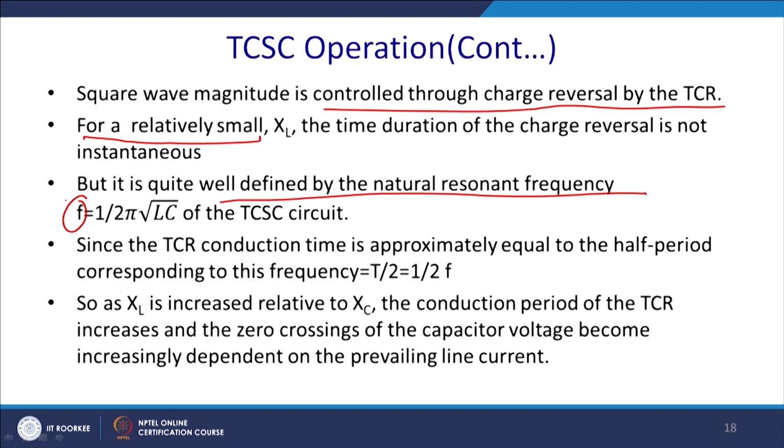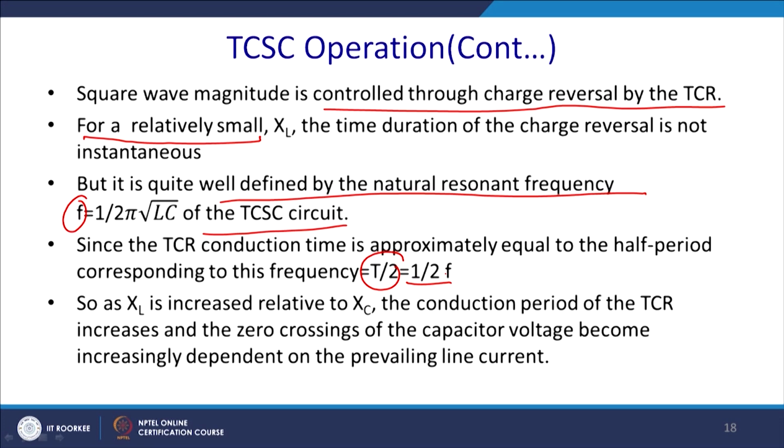But it is quite well defined by the natural frequency of oscillation, where f is basically 1 by the square root of LC for the TCSC circuit. Since the TCR conduction time is approximately equal to the half period corresponding to this frequency, that is T by 2 equal to 1 by f.